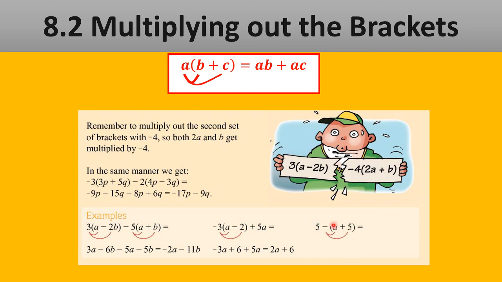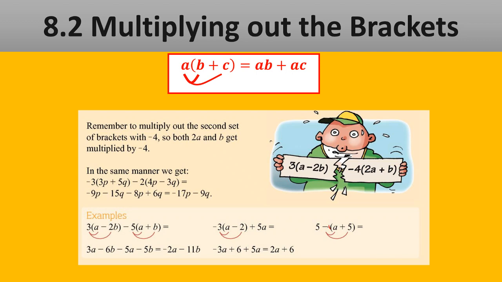This here is a tricky one. This seems to sometimes trick my students into doing it incorrectly, because now you say, hey sir, you have a 5 and a minus in front, so you do minus 5 times a and minus 5 times 5. No. Here, I can even draw this inside of this equation if I want to. This is more like 5 minus 1, like this.